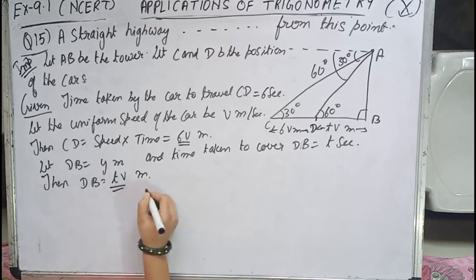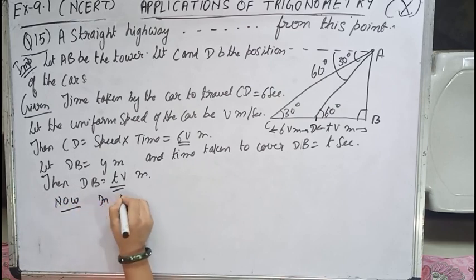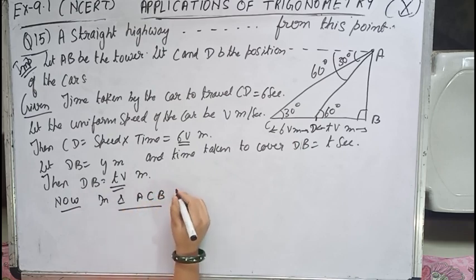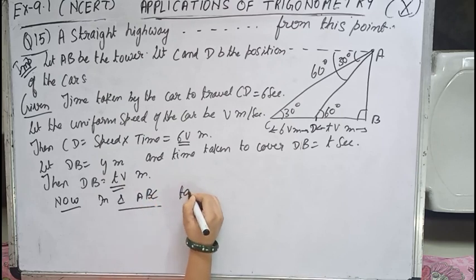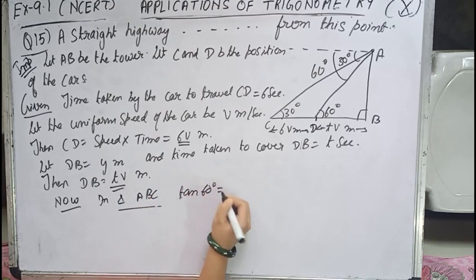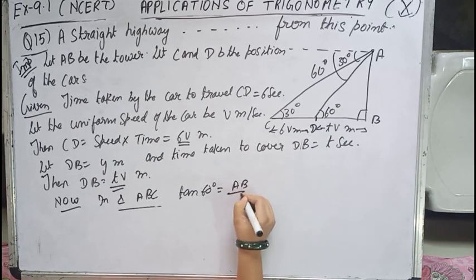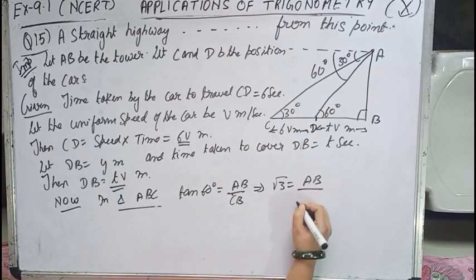Now in triangle ABC, tan of 30 degree equals AB by CB. This implies 1 by root 3 equals AB by CB.